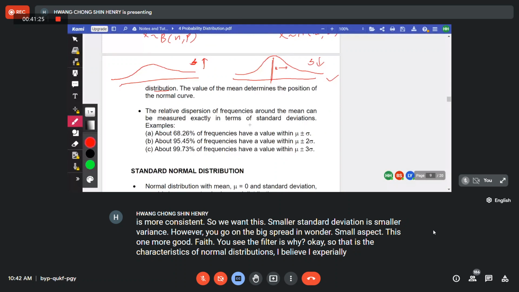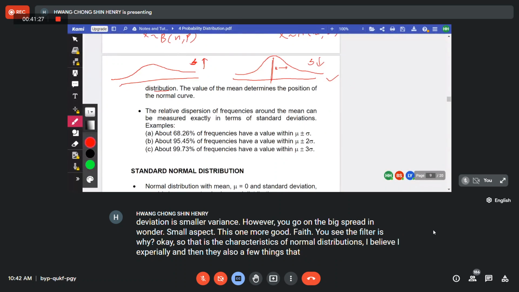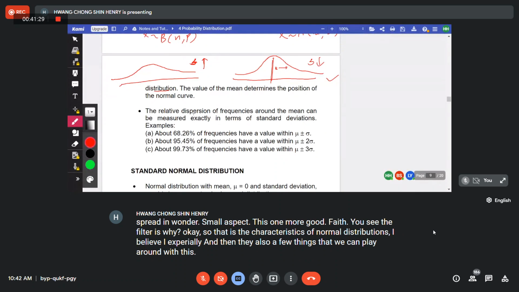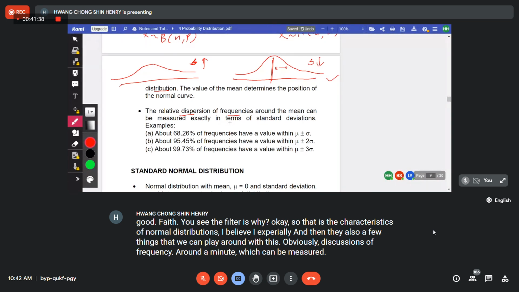And then there are also a few things that we can play around with, we call it dispersion of frequency around the mean, which can be measured exactly in terms of standard deviations.